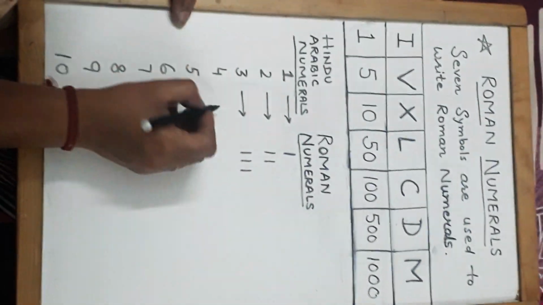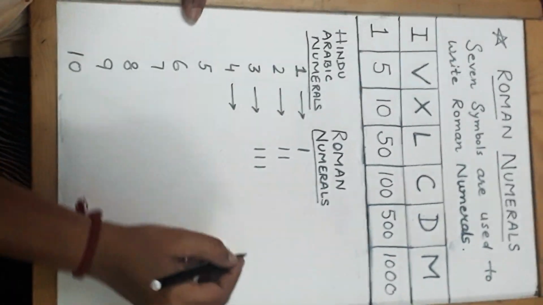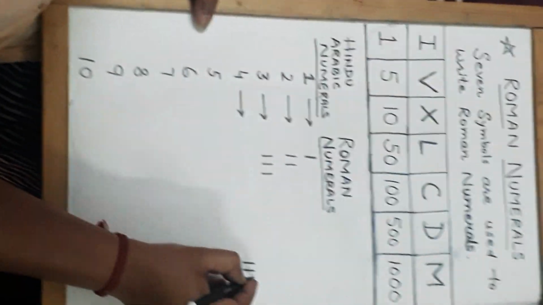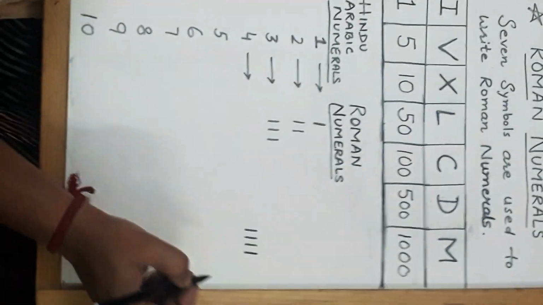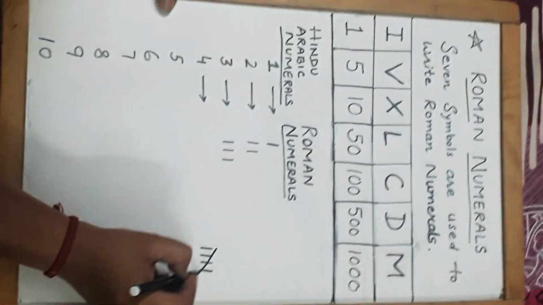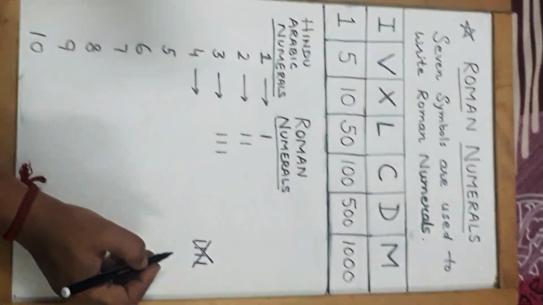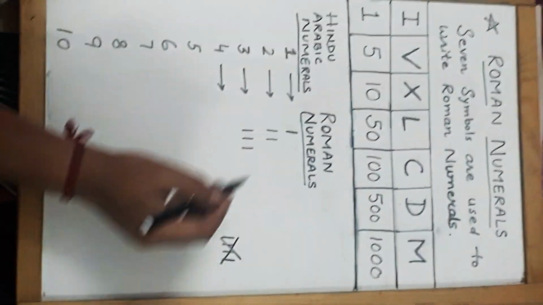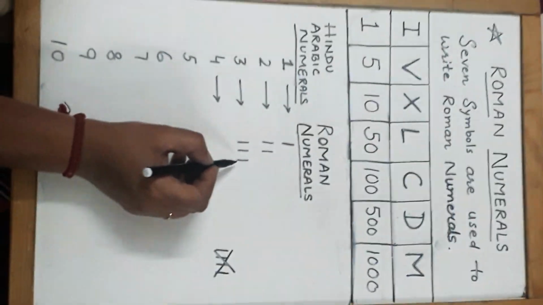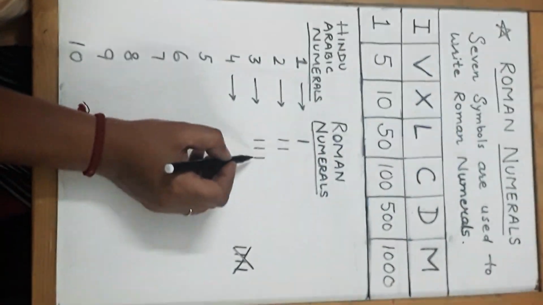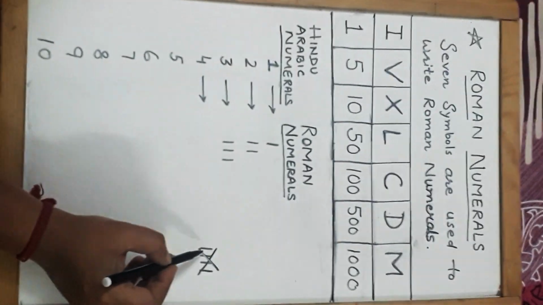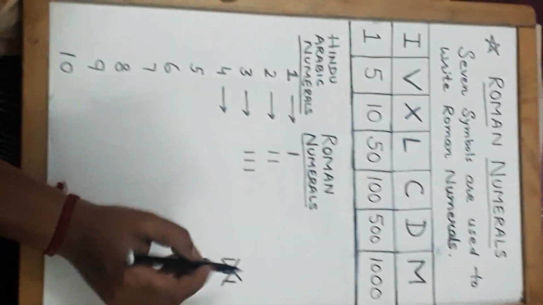This is 3. Now we cannot write 4 as I I I I. 4 times I can't be written because this is the rule of Roman numerals that a symbol cannot be repeated more than 3 times. So we cannot write it as I I I I. This is wrong.